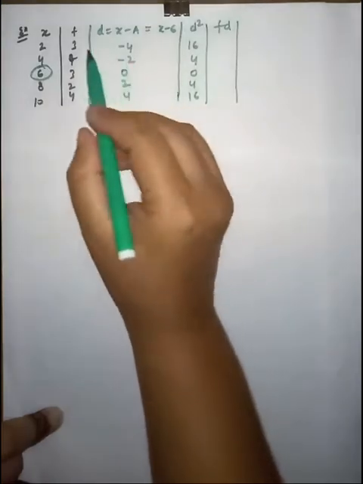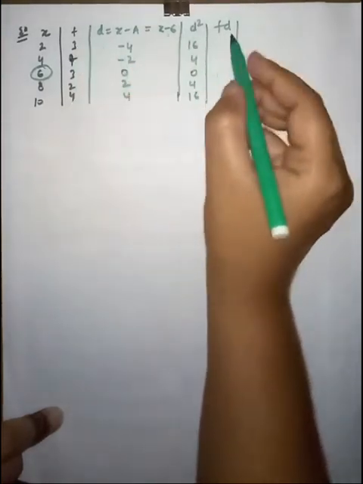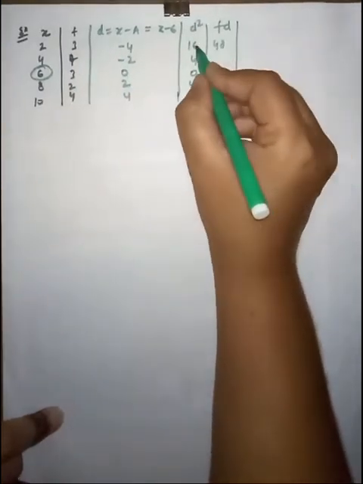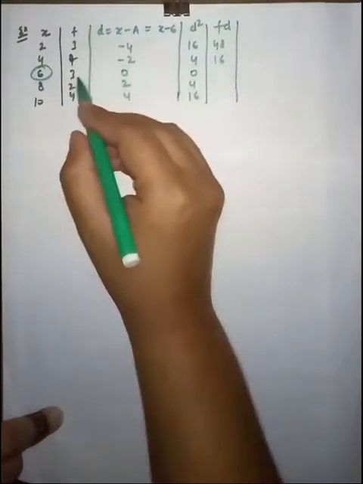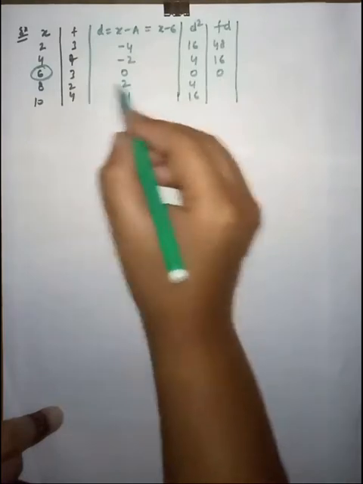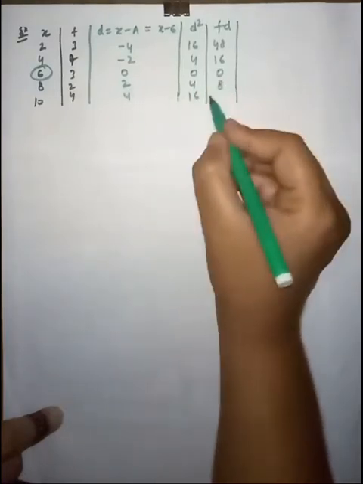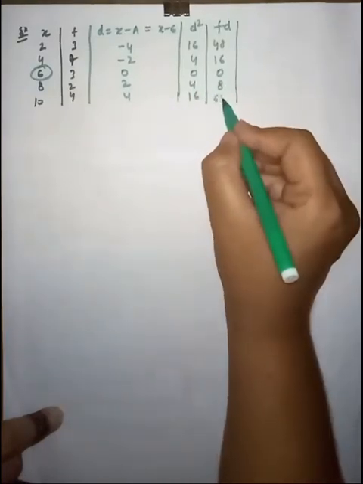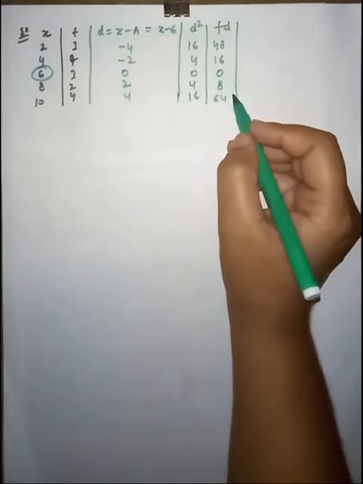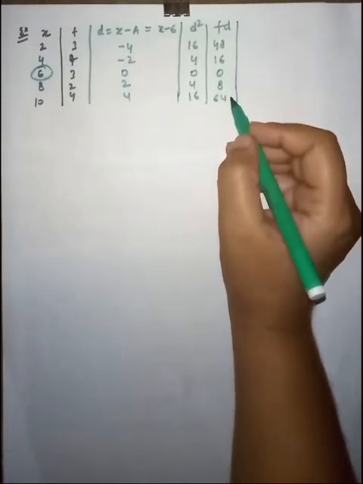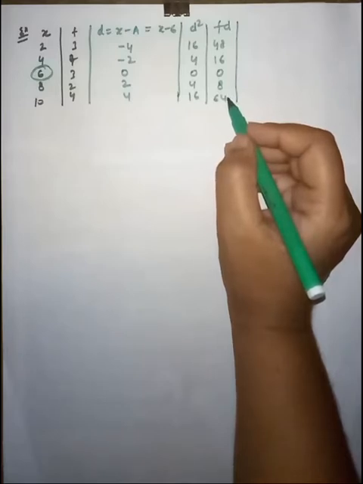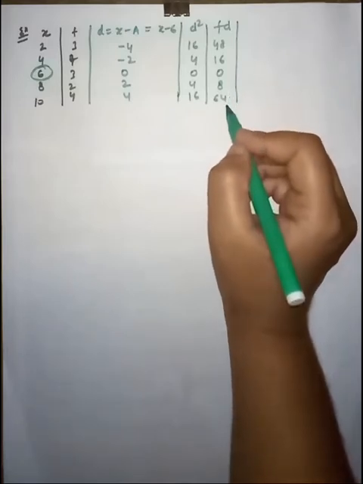So friends, find fd: 3 into minus 4 is minus 12... the values come 48, 16, 0, 8, 64.